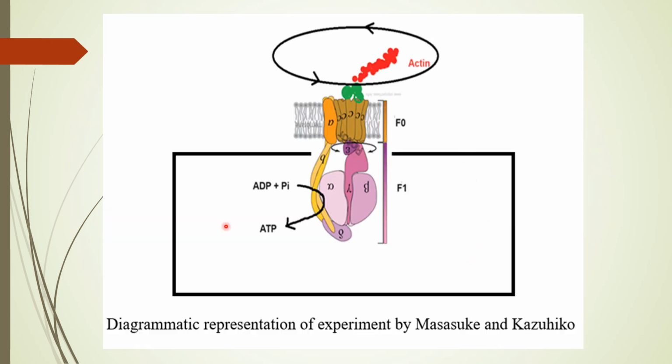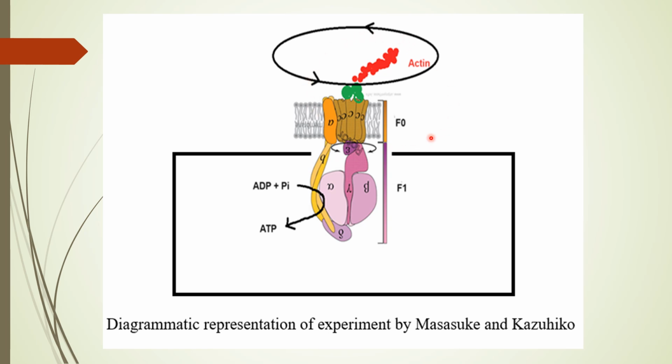This is the diagrammatic representation of the experiment conducted by Masasuke et al. So this is a slide, and the FOF1 is immobilized. The actin filament is attached to the gamma subunit. So as it is rotating, the entire shaft was rotating, and parallelly ATP synthesis was taking place.